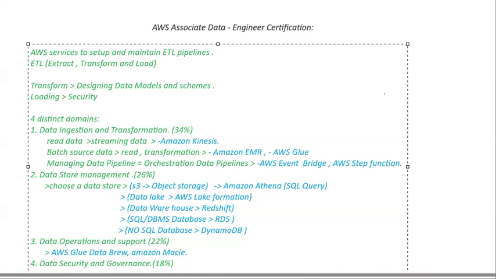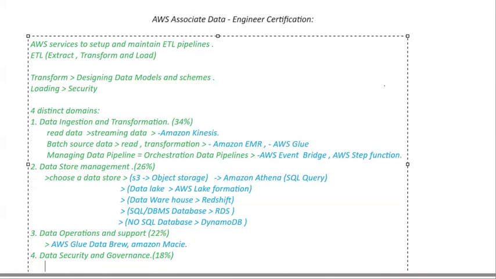So this service is used for you to identify the potentially sensitive data which is stored in S3. By using these, you can provide data operations and support for the data which is present in AWS, right? Yeah. So these are a few important services. For certification, these are a must, right?